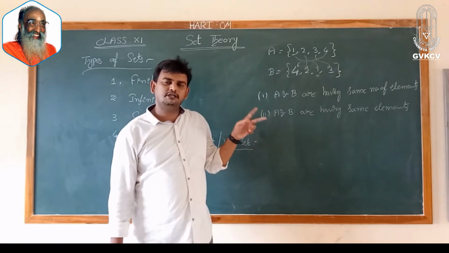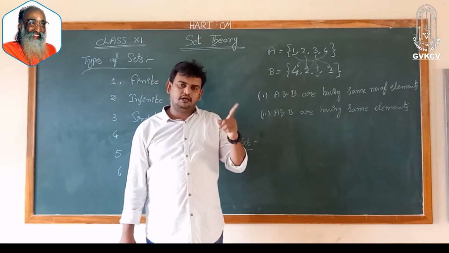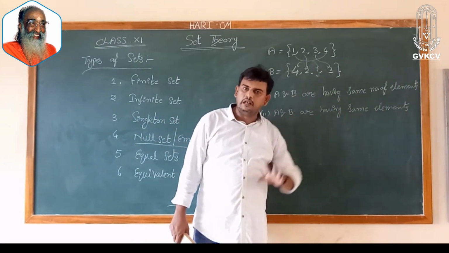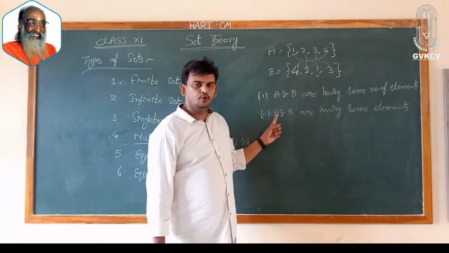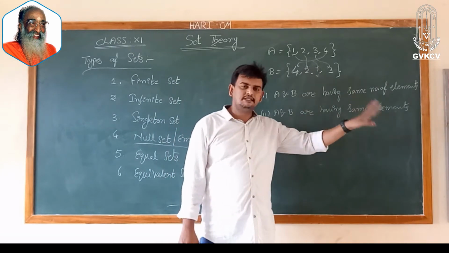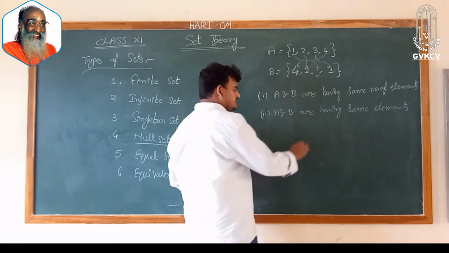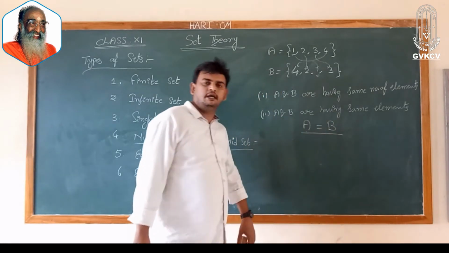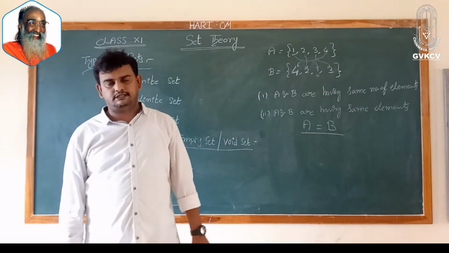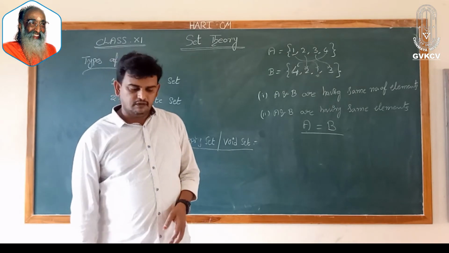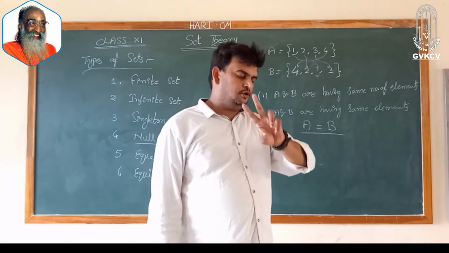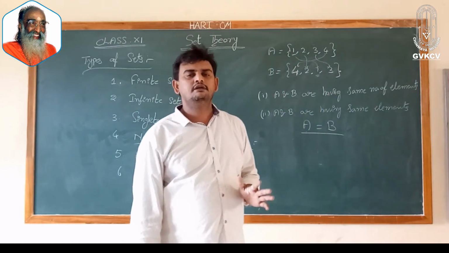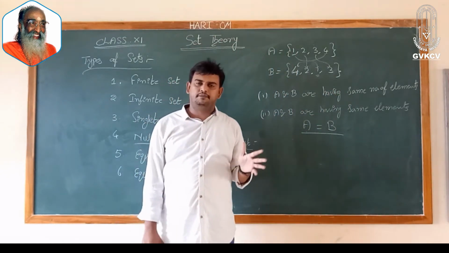So finally, how many conditions are we observing? 2 conditions. Condition number 1, A and B are having the same number of elements. Condition number 2, A and B are having the same elements. So I can say that A is equal to B. I can say that A and B are equal sets. Equal sets means you should remember 2 conditions. Condition 1, whether the sets have the same number of elements or not.